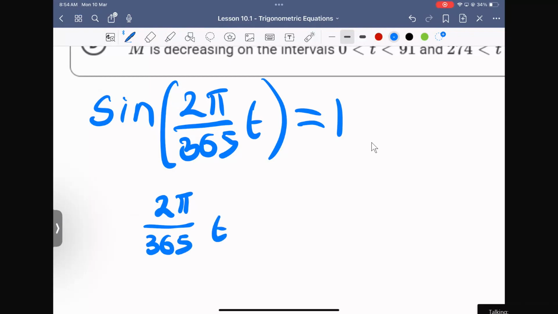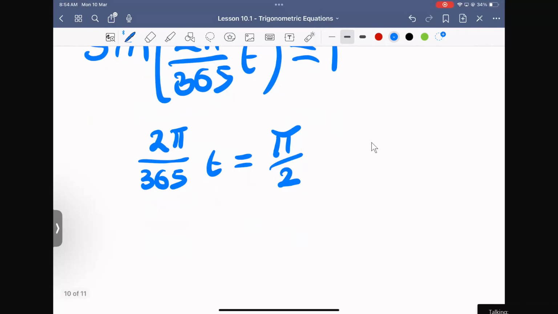What is the arc sine of 1? Isn't it going to be pi over 2? So this is going to give pi over 2. We can cancel the pi's. We can divide it through, and we're going to get t is equal to 365 over 4.